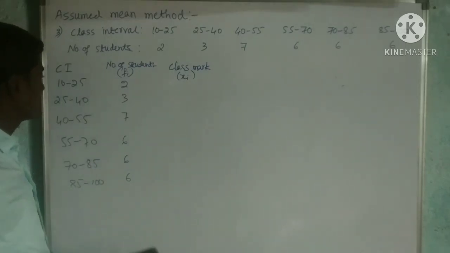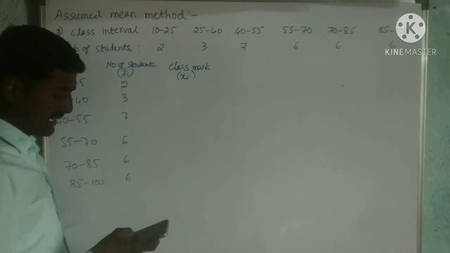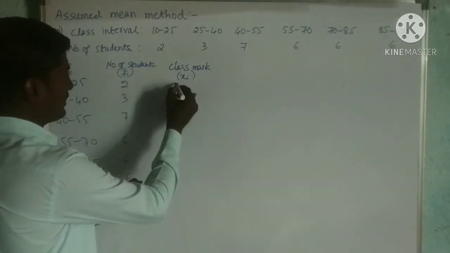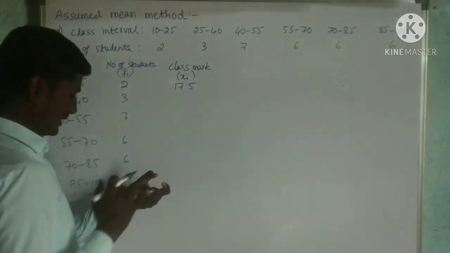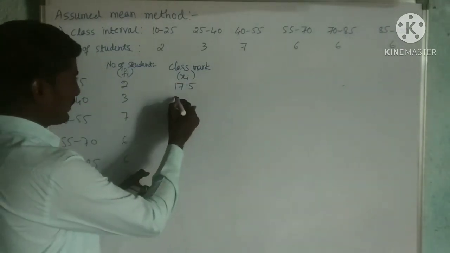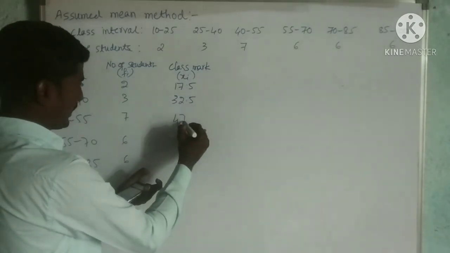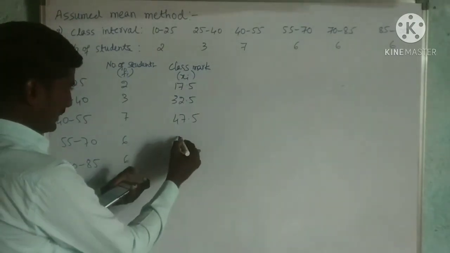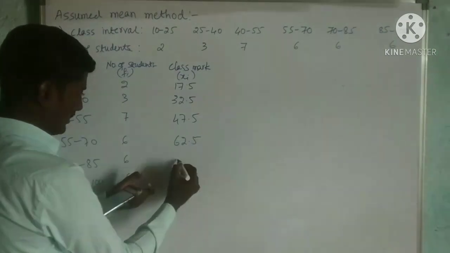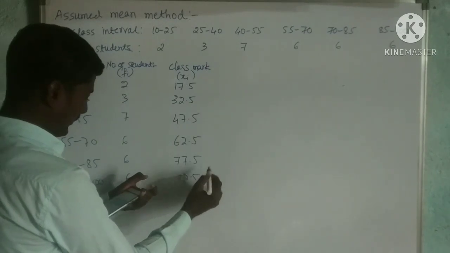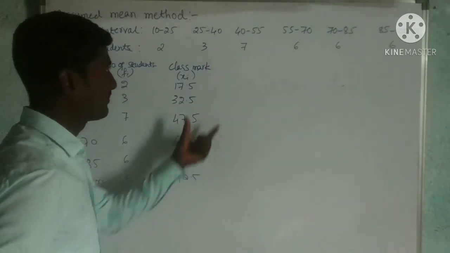Already I have written this, so I will write it directly: 17.5. In the last class we wrote 32.5, 47.5, 62.5, 77.5, 92.5. This is xi.